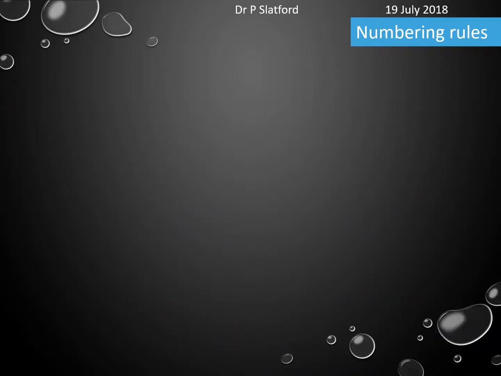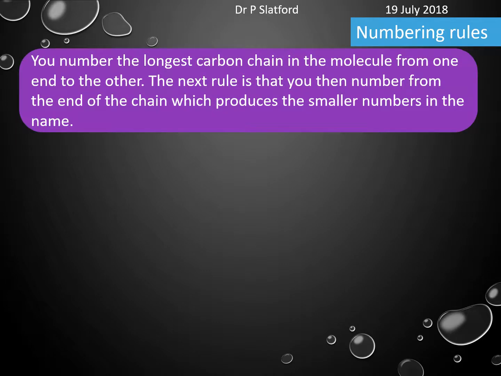Well, there are certain rules, okay? First of all, you look for the longest carbon chain in the molecule, going from one end to the other. And then you need to number it so that you have the lowest numbers in the name at the end. So let's just have a look at these two. So I've got my butene here, and I might number it like this.